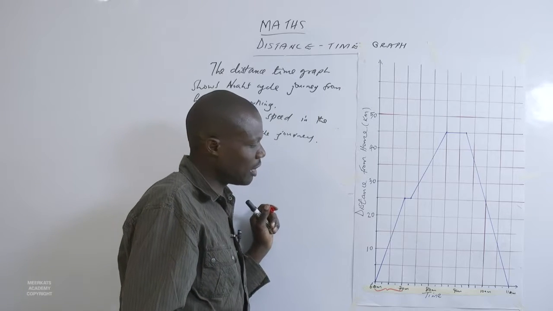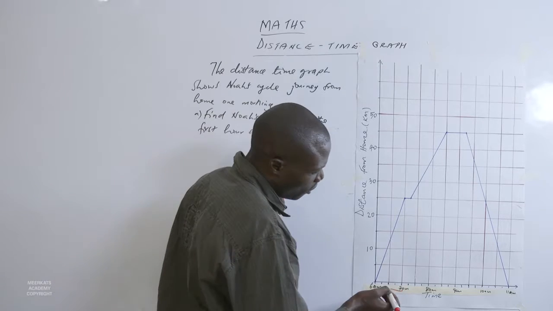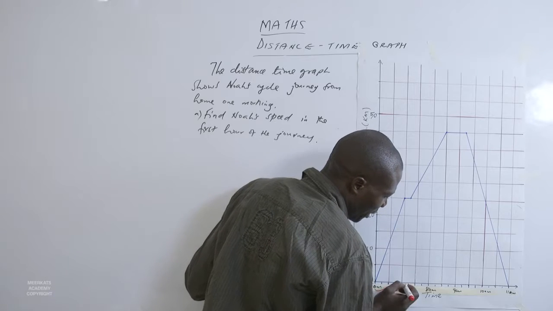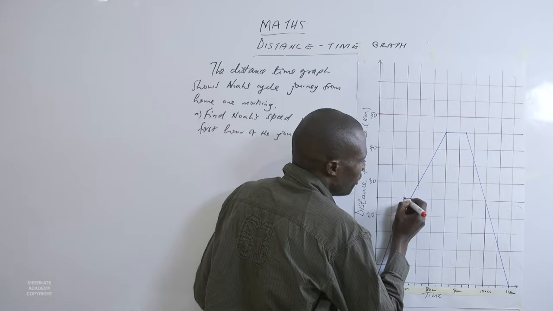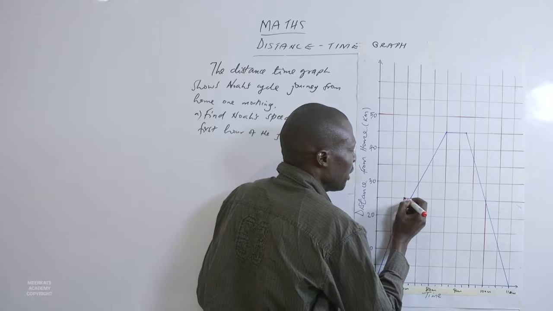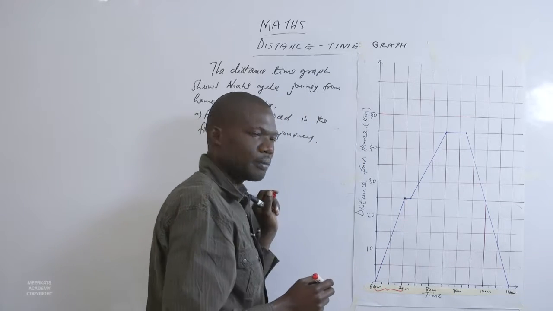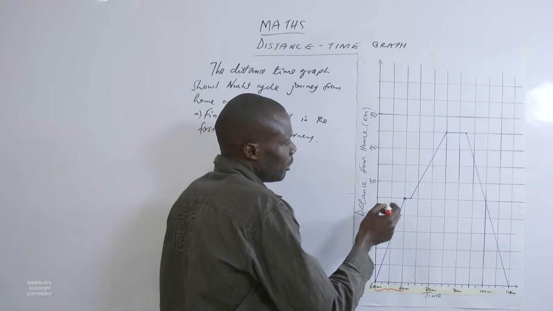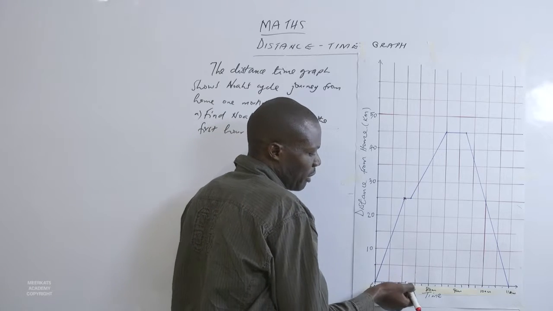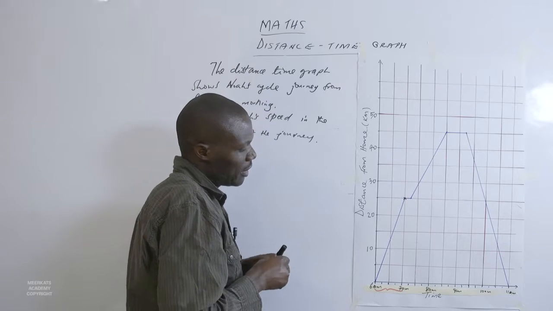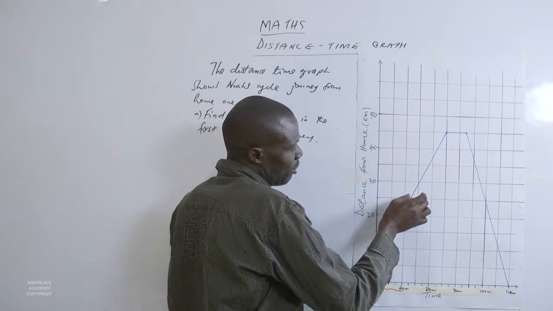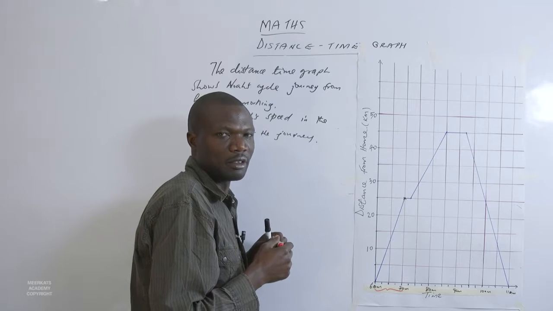So we stop where the hour ends, following the grid until we arrive at this point. This point signifies the first hour of the journey, and you'll notice that after this, Noah chose to rest.